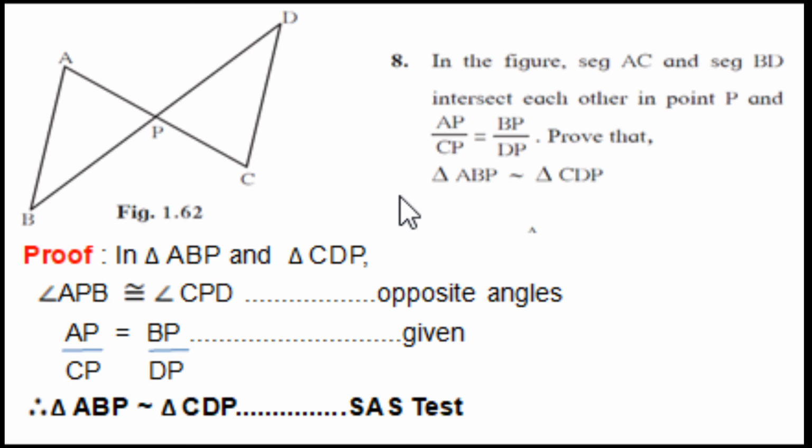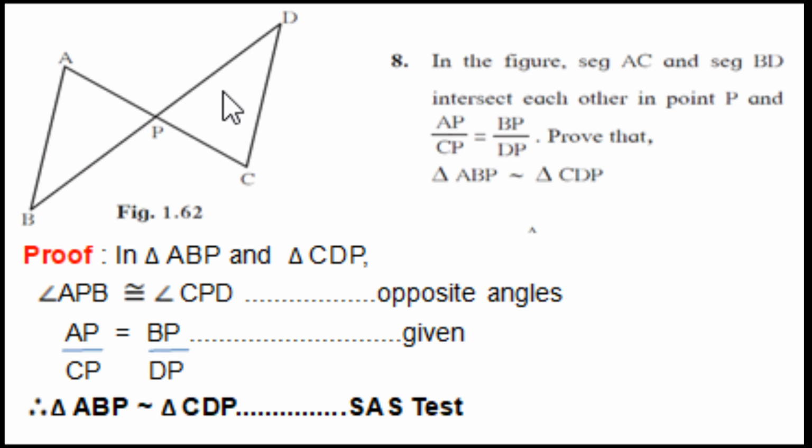Question number 8 and question number 9, only 2 remain. Then in question number 8, in the figure, segment AC and segment BD intersect each other in the point P. This AC and BD intersect at P. And also what is given, AP upon CP is equal to BP upon DP. So we have to prove that triangle ABP is similar to triangle CDP.